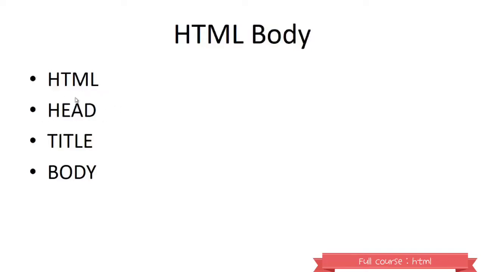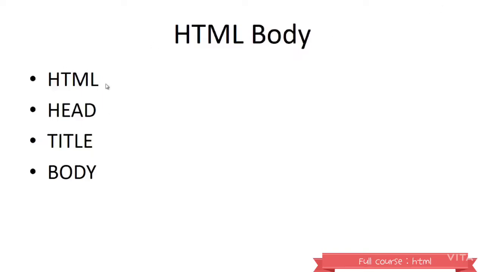If you think about a human body, you have the head, and right below that you could have a name tag, like the title. And then right below that you have a body, and of course your feet and everything like that. That's probably the easiest way to think about it.